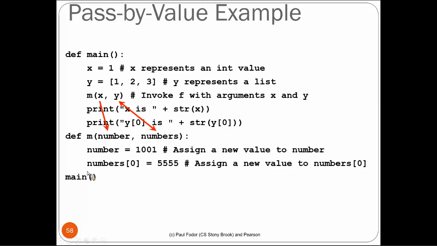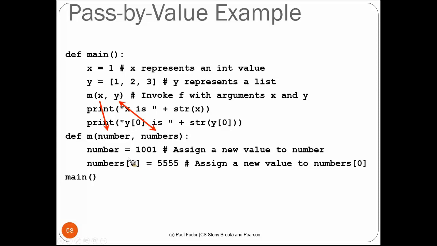Then we invoke the method main, which basically will print the value of x and y of 0. Similar to Java, this will actually not modify the value of x, but it will modify the value of y of 0. What happens is the fact that y and numbers are basically references to the same list in memory.